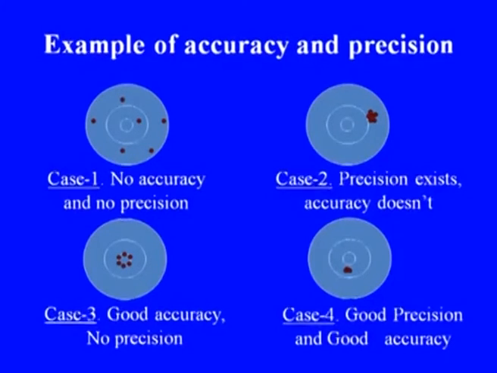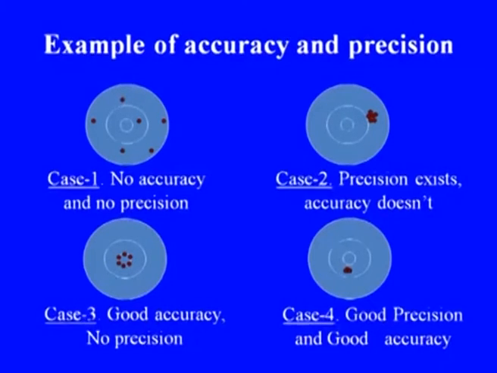whereas in case 2, bullets are fired in a very narrow zone. Here we can say precision exists, but accuracy does not. In the third case, the bullets are being fired near to the target, but not consistently in a single place.